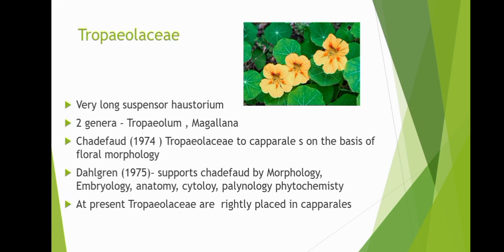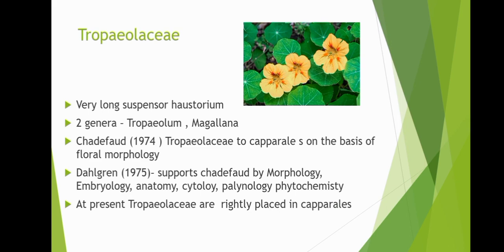Tropaeolaceae. Tropaeolaceae is the recent or advanced type with a very long suspensor haustorium, and the two genera it contains are Tropaeolum and Magallana. Chatterjee in 1974 considered Tropaeolaceae to belong to Capparales on the basis of floral morphology.